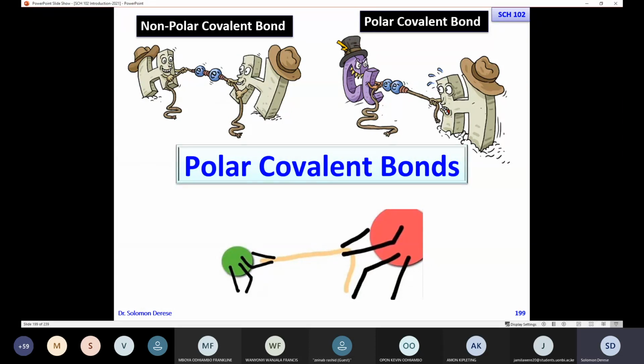And a covalent bond is formed by sharing of electrons. And then we know, because of the position of carbon in the periodic table, and because of also its electronegativity, carbon can only be involved in covalent bonding.